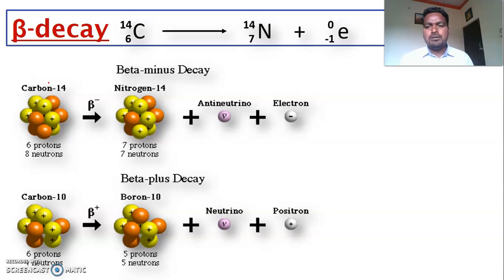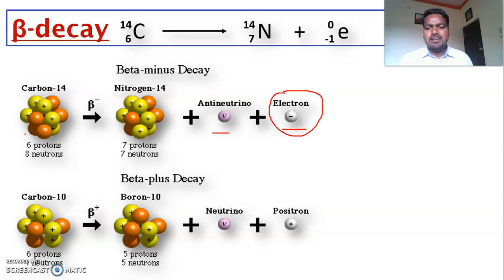It's very simple. You just look here. In beta minus decay, C-14 converts into nitrogen N-14 and it gives an antineutrino and an electron. So in this case, you just eliminate one electron.